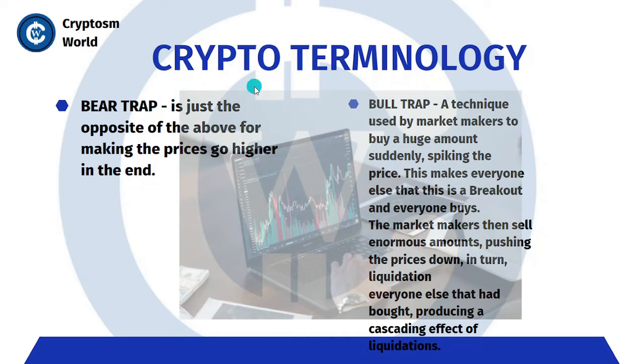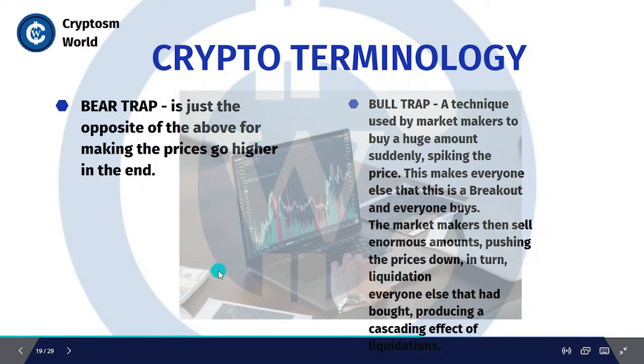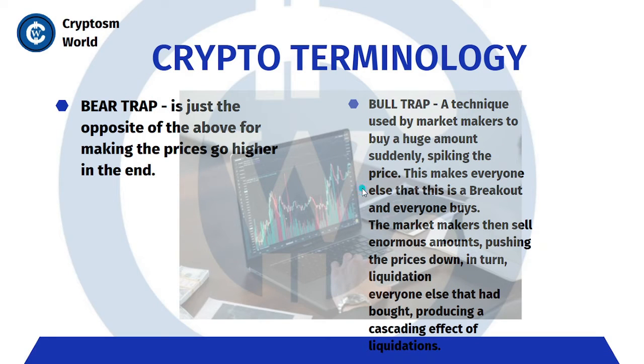Because they have a huge amount of cash, let's say $1 billion, $1 trillion, when they sell off, they know the market will be coming down, and they go short immediately. That is what we call a bear trap. When they make some profit there, they buy again at a lower price, and when they buy, the price starts skyrocketing. That's what it really means for the bull trap and the bear trap.